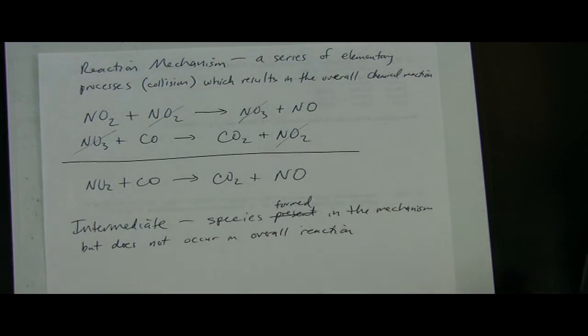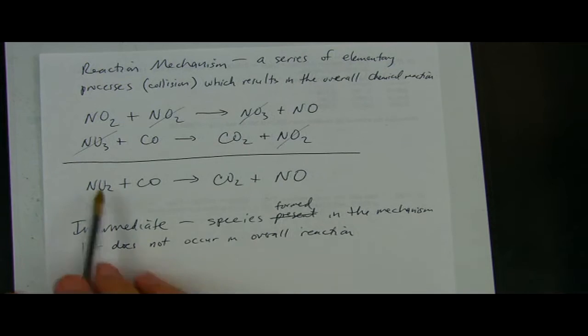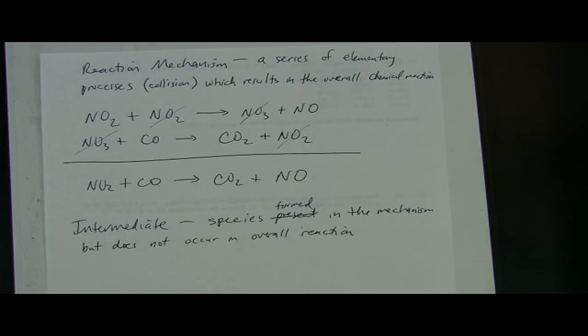It's formed in the mechanism, but then it's also removed in the mechanism. It doesn't appear in the balanced chemical reaction, but does appear in the mechanism. That's called an intermediate.